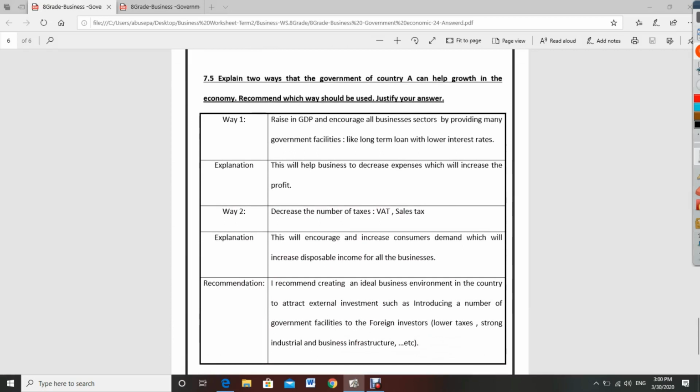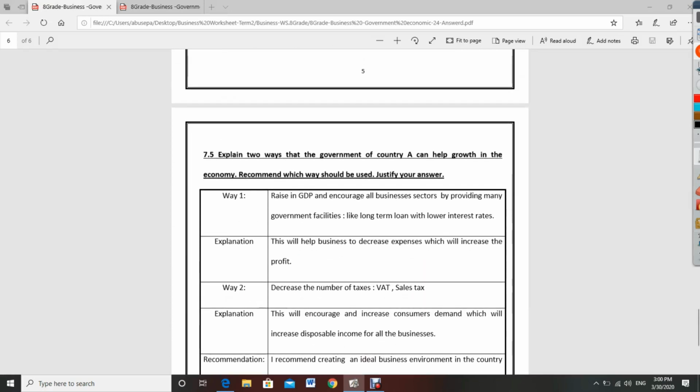Question number 7.5, I think it is the last question. Explain two ways that the government of country A can help growth in the economy and recommend which way should be used. Justify your answer. Way 1, raise GDP and encourage all business sectors by providing many government facilities like long-term loans with lower interest rates.